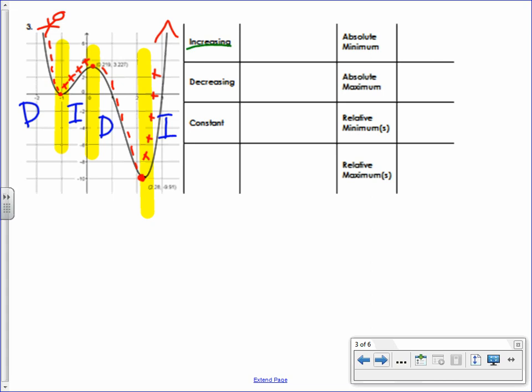That would be if he is increasing from negative 1 to this point right here, which is at about 0.2. So negative 1 to 0.2.